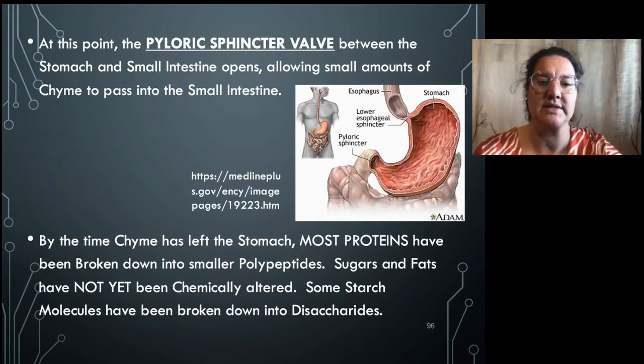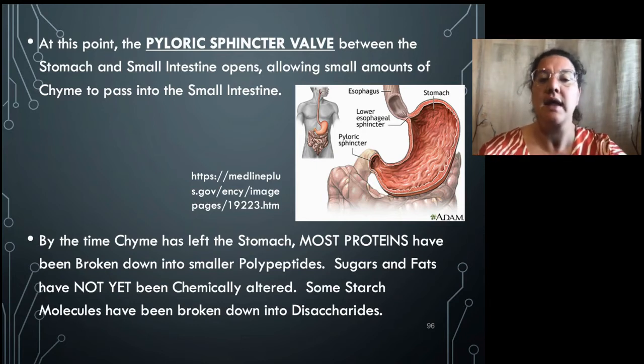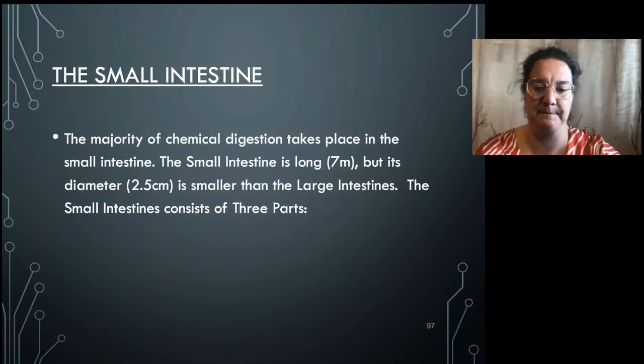At this point, the sphincter at the bottom of the stomach, known as the pyloric sphincter, between the stomach and the small intestine, opens and allows small amounts of chyme to pass into the small intestine. By the time this happens, most of the proteins have been broken down into polypeptides. Sugars and fats have not yet been chemically altered, besides from the salivary amylase in the stomach. So in the stomach, the sugars and fats are not chemically digested, only mechanically digested.